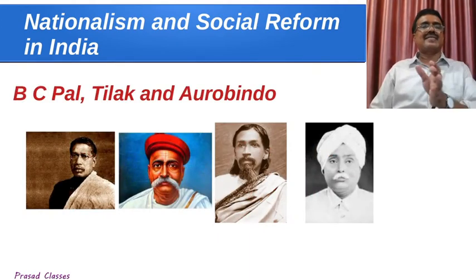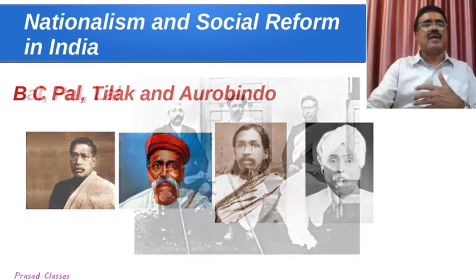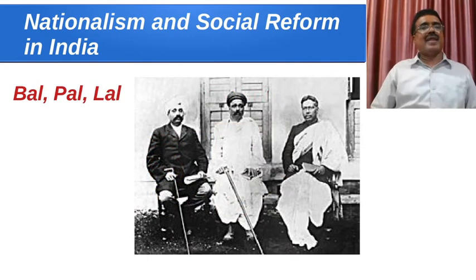These extremist ideas we can attribute to three personalities: B.C. Pal, Bal Gangadhar Tilak, and Aurobindo Ghosh. Of course, we say the triumvirate is Bal, Pal, Lal, with Lala Lajpat Rai.